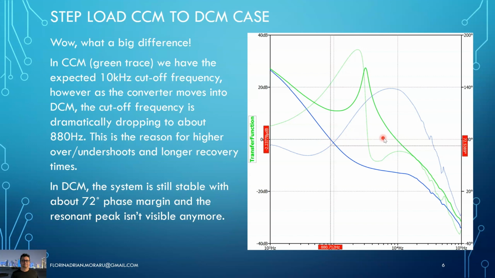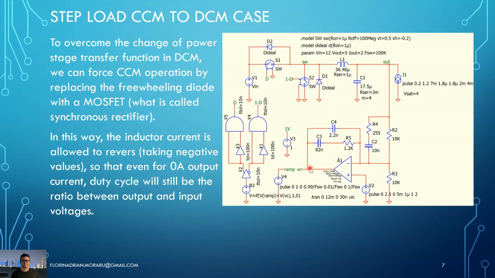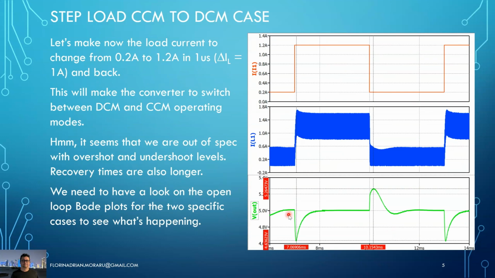So, yeah, one decade or more than one decade below. So that's a huge impact. Yeah, we noticed also that for this 880 hertz new cutoff frequency, we still have like 72 degrees of phase margin. The system is still stable. If I go back to here, you see eventually we are stable here.